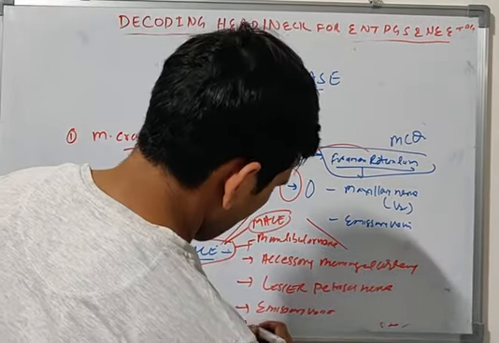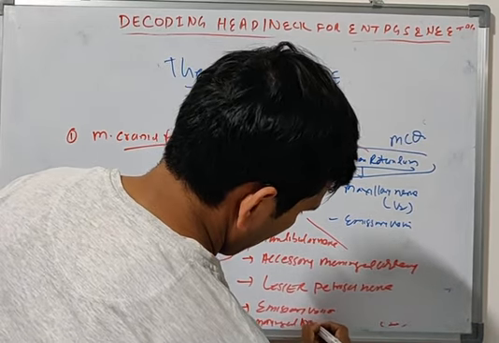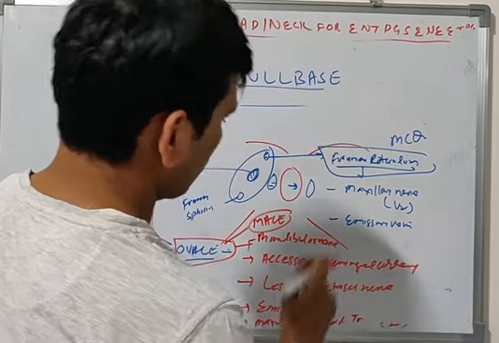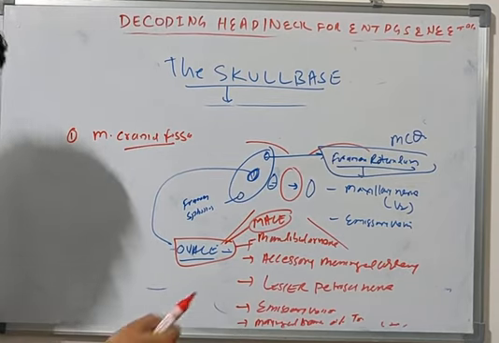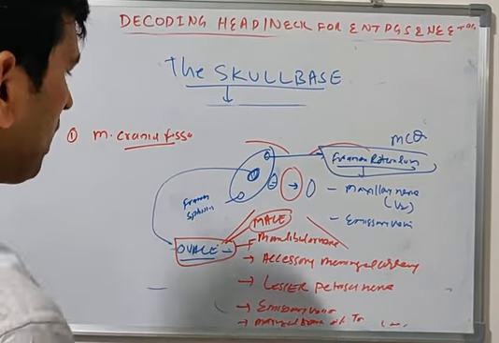Sometimes a meningeal branch of the trigeminal also passes through, which supplies the meninges of the brain. So these are the main structures contained by foramen ovale.